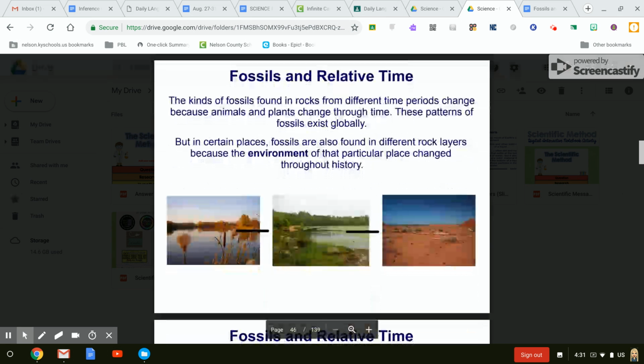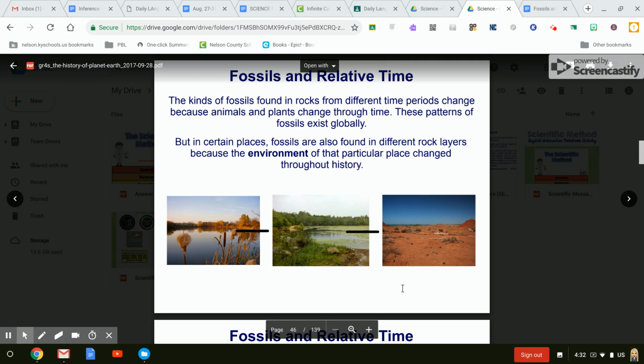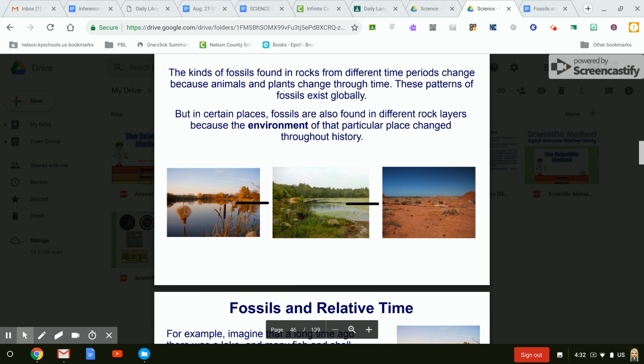The kinds of fossils found in rocks from different time periods change because animals and plants also change through time. They're not always staying the same. These patterns of fossils exist all over the world, but in certain places, fossils are also found in different rock layers because the environment of that particular place changed throughout history.